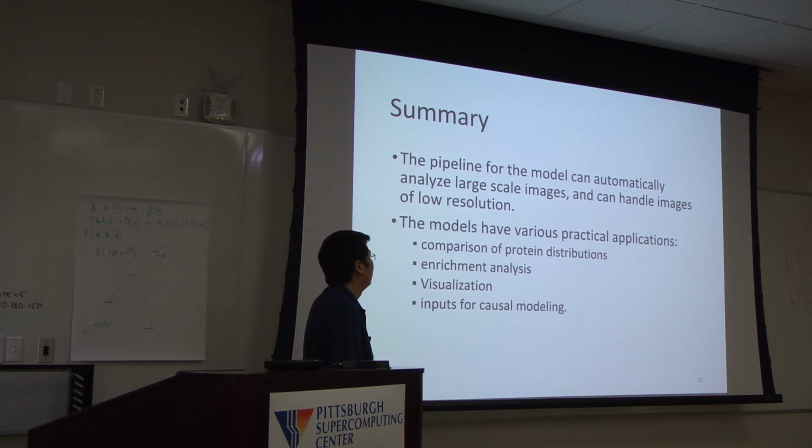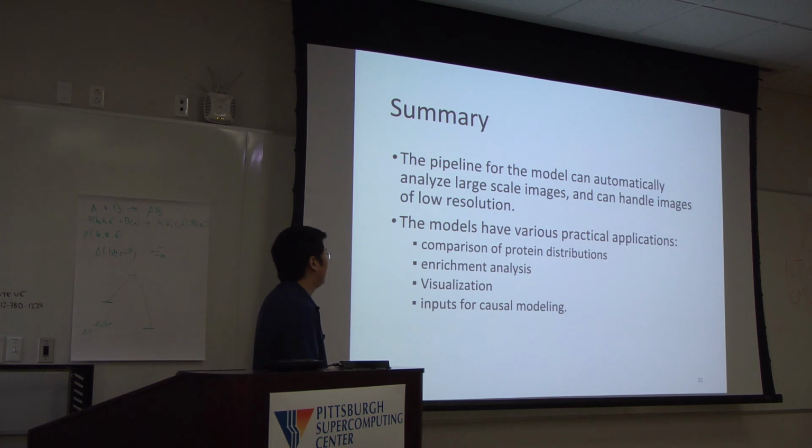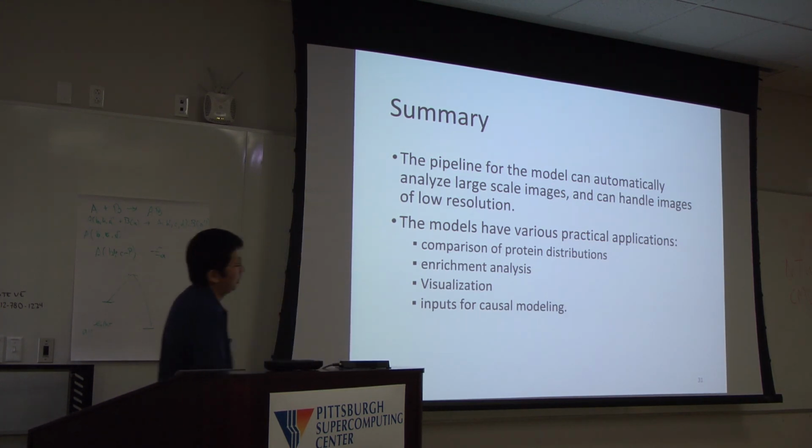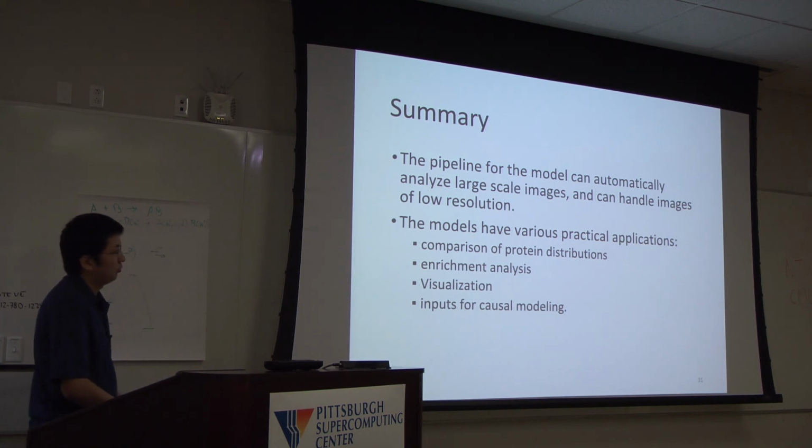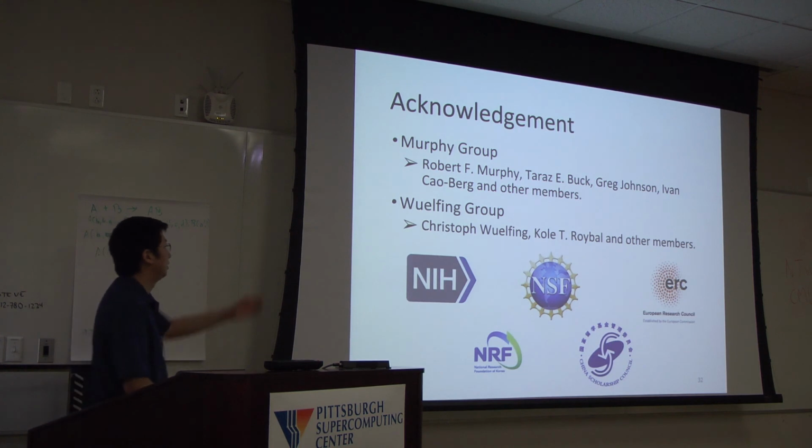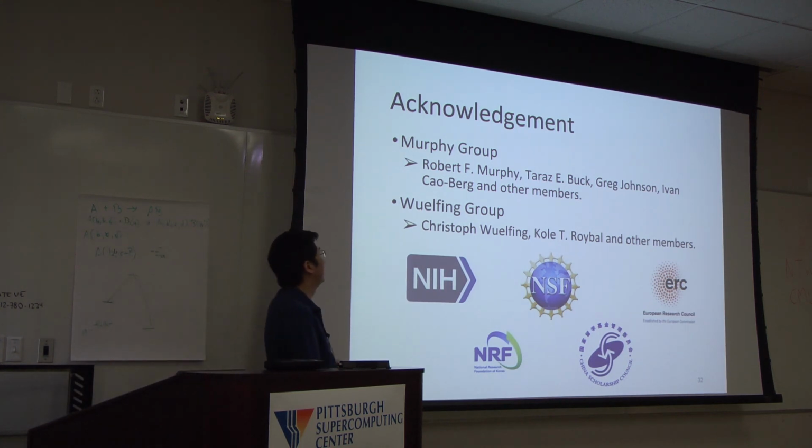And our model has a lot of different applications, such as comparing protein distribution, enrichment analysis, visualization, and also acting as inputs for causal modeling. Yeah, this is collaborative work with the Murphy group and the Wolfing group. And also I need to thank the funding agencies. Yeah, that's all.